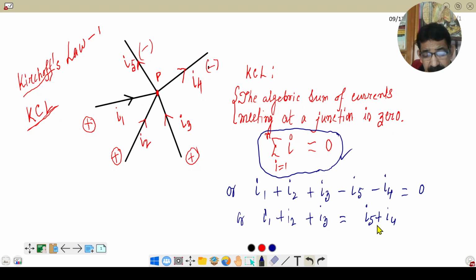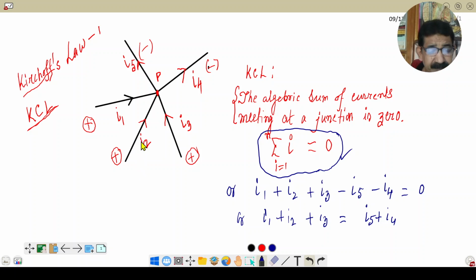So this is the expression for KCL in brief, and this rule is very important for determining resistances or the amount of current passing through different meshes of the circuit. Actually, suppose there is a complex circuit, and it may extend mathematically up to infinity.